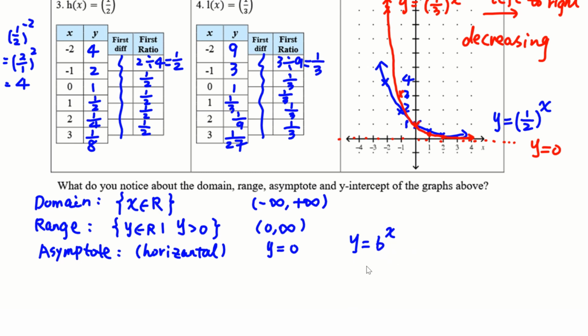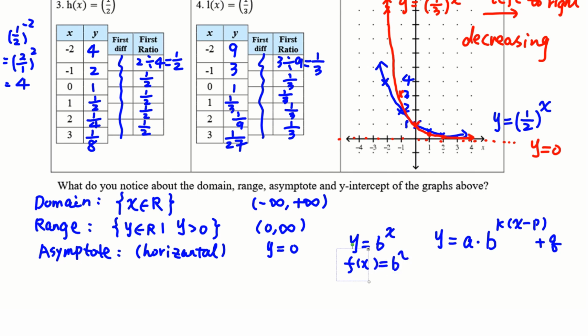And if we write it in general form, it's a times b to the exponent k bracket x minus p bracket plus q. So this is a function f of x.